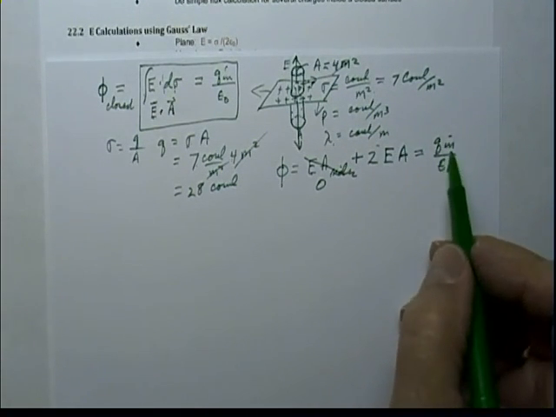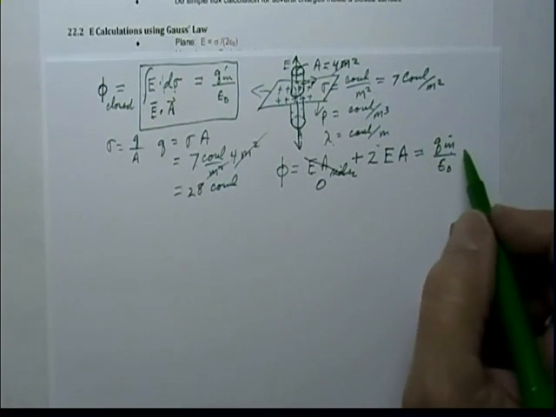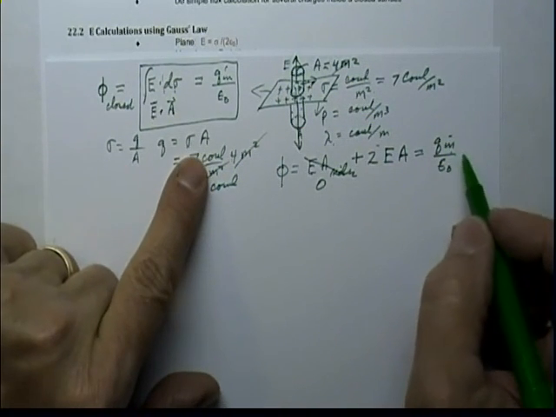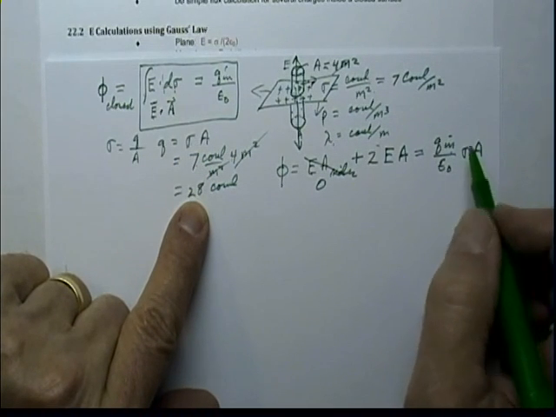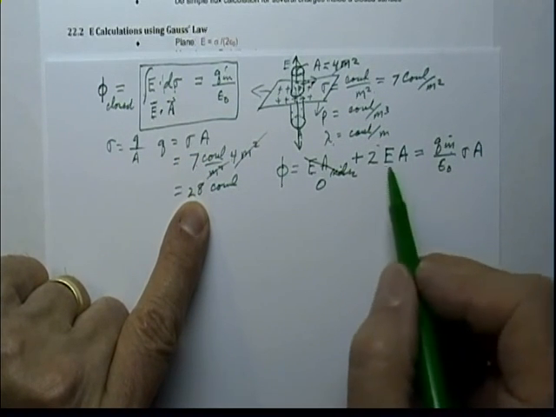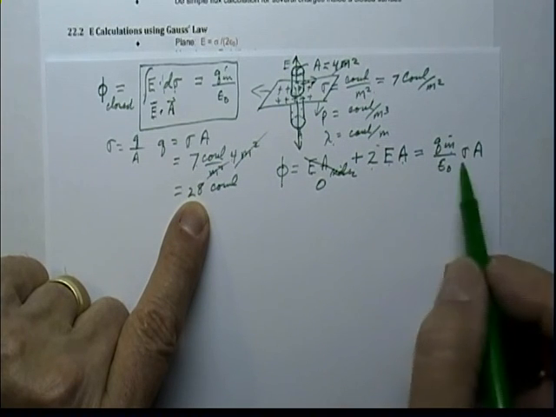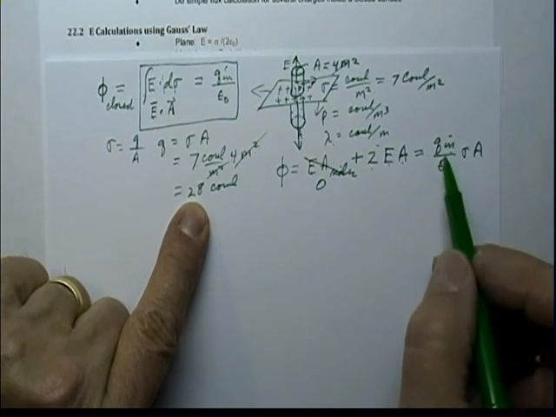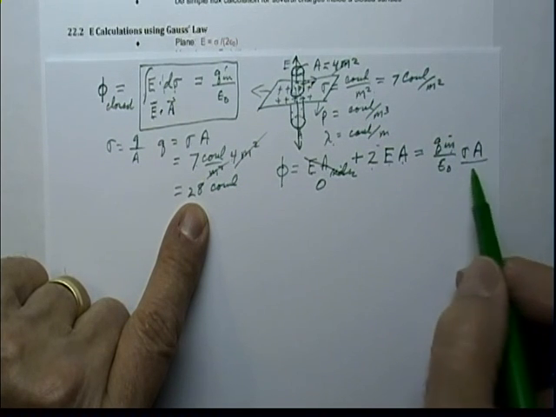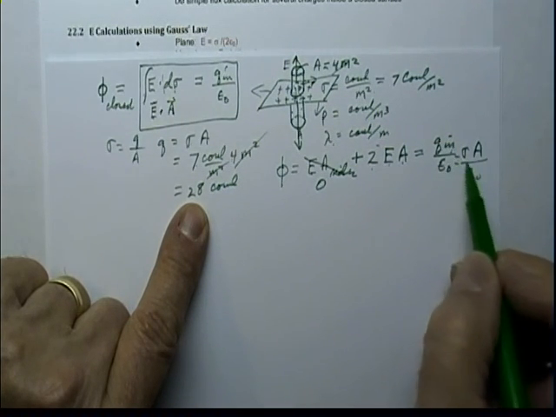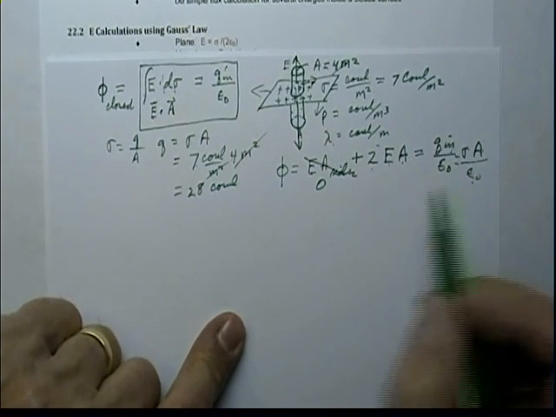Do we know the charge inside? Yeah. The charge inside is sigma times A. We've even computed it, 28 coulombs. So now we see that 2EA is equal to the charge inside divided by epsilon naught, which is sigma A over epsilon naught.